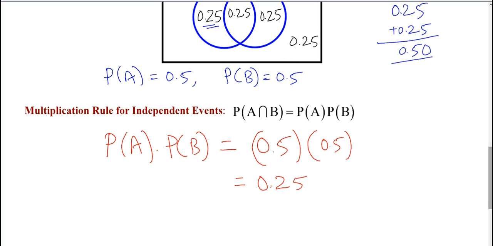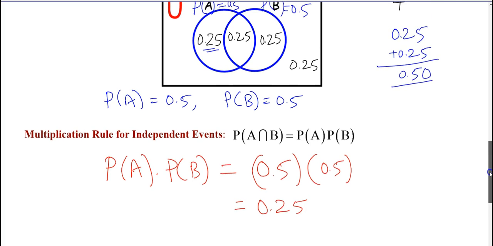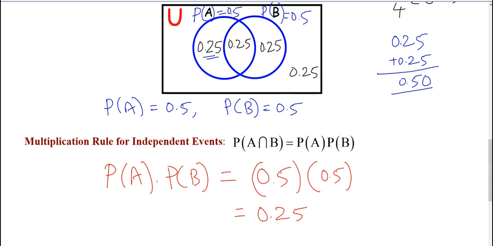But here we can see that 0.25 is the probability of those two events A and B taking place.